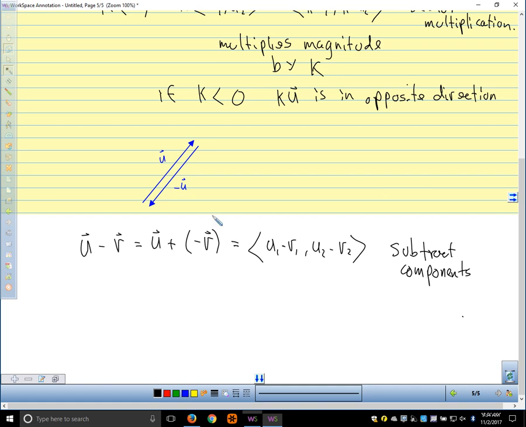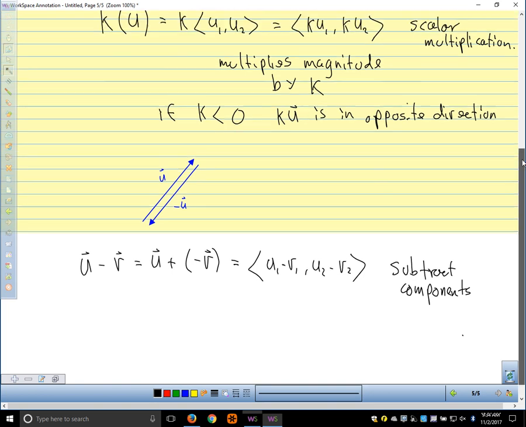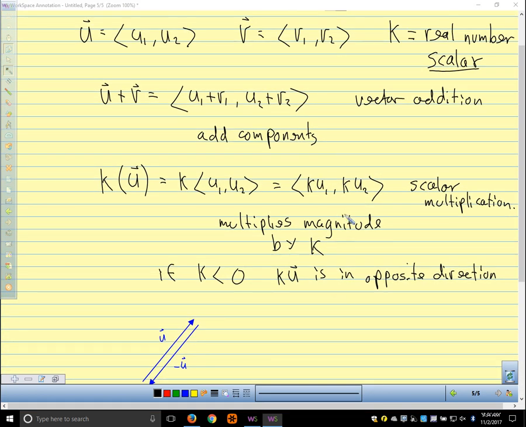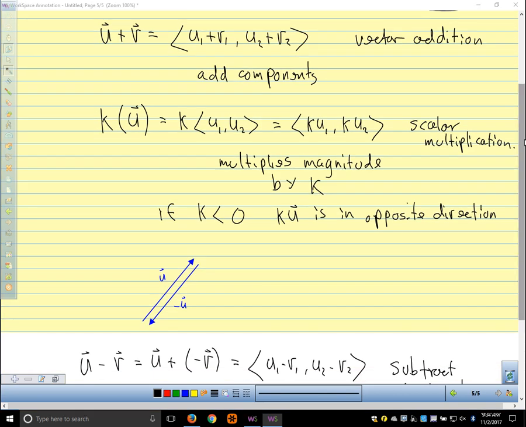All right, questions there? All right, the last thing I want to talk about is what this addition and subtraction means graphically. So visually, what are we doing when we're adding and subtracting vectors?